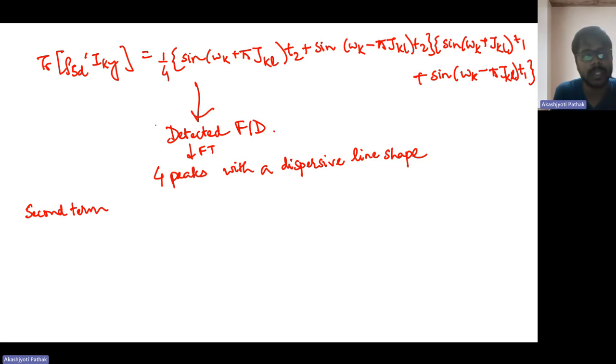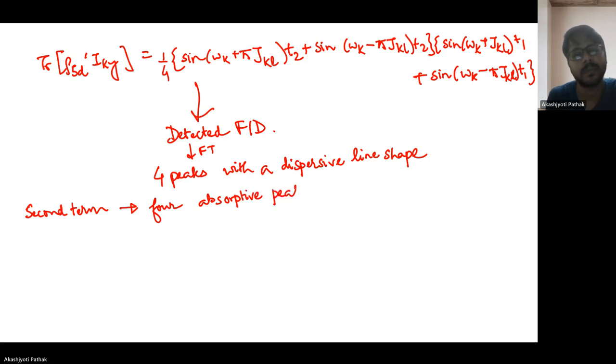For the second term, if we do all these calculations, then what we will get is four absorptive peaks. And if we do the Fourier transform of the first term, after this calculation we will get four absorptive peaks. Okay.